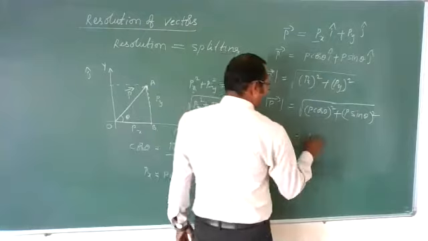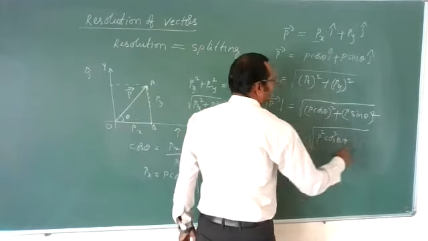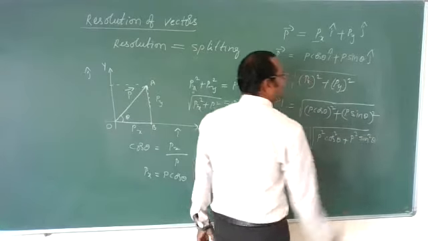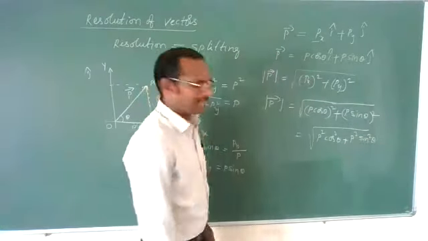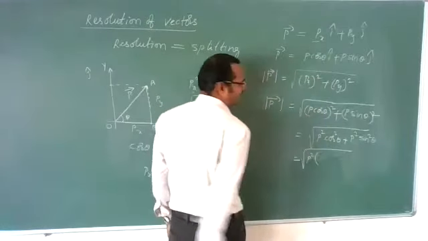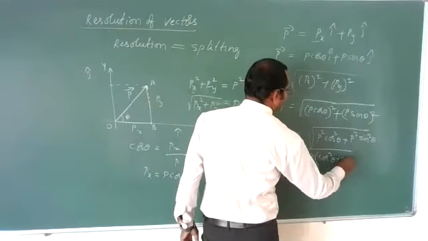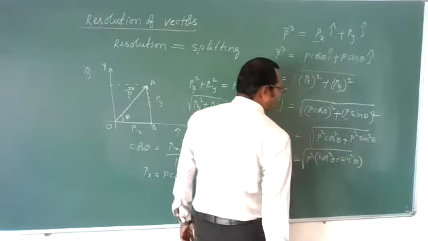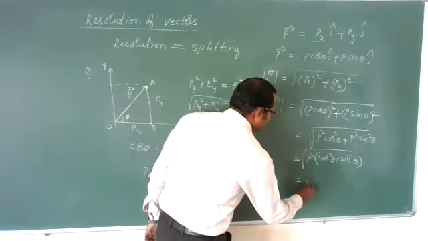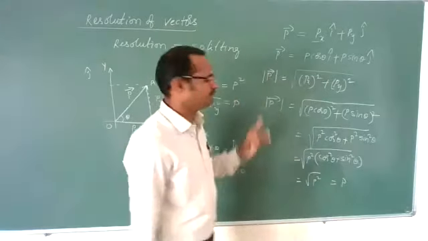It will become P square cos square theta plus P square sin square theta. Then it can be written as under root of P square, take common. You will get cos square theta plus sin square theta. Do you know cos square theta plus sin square theta is 1? 1 into P square is P square. So under root of P square is nothing but P. So we got P.